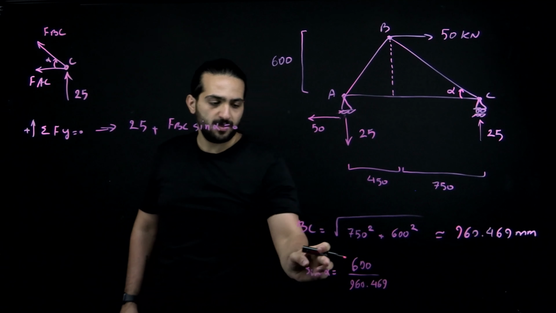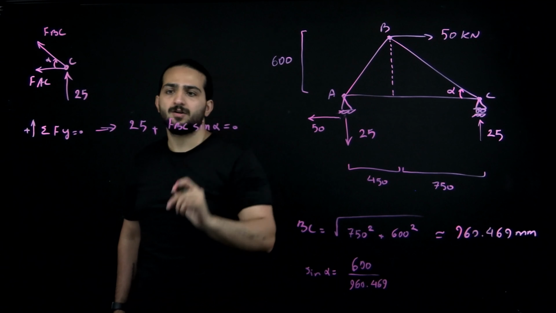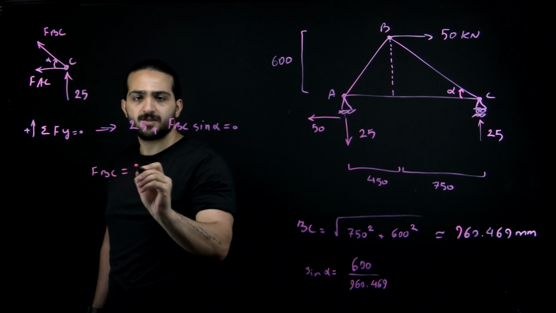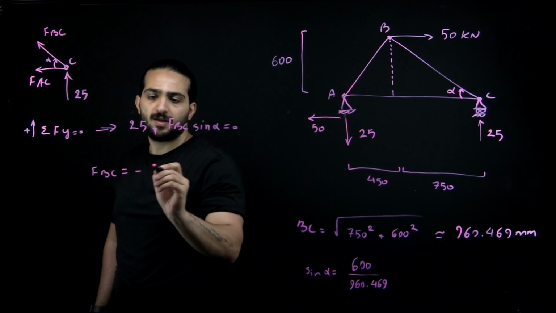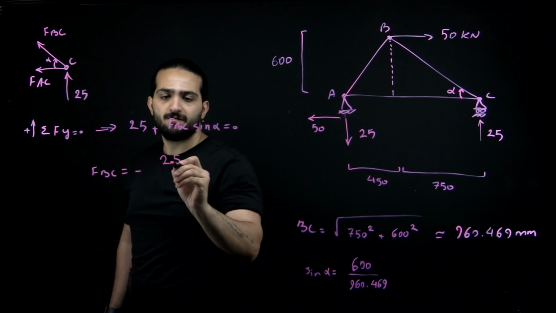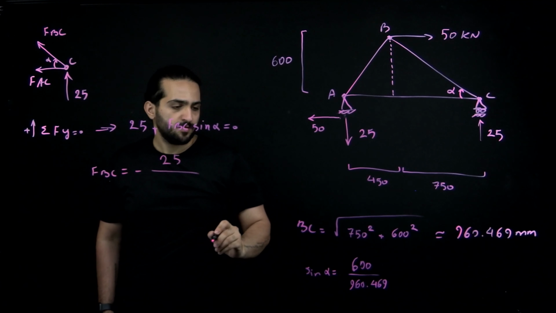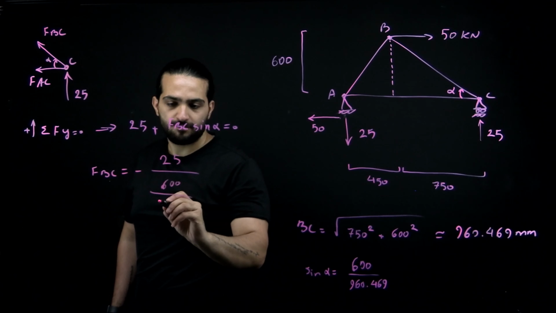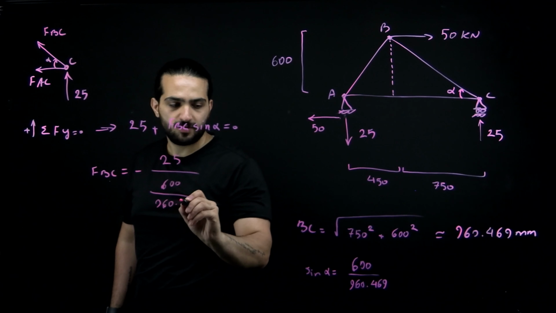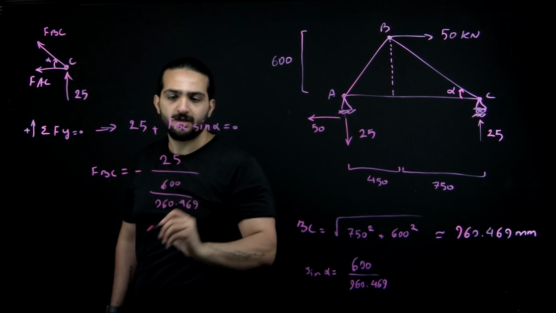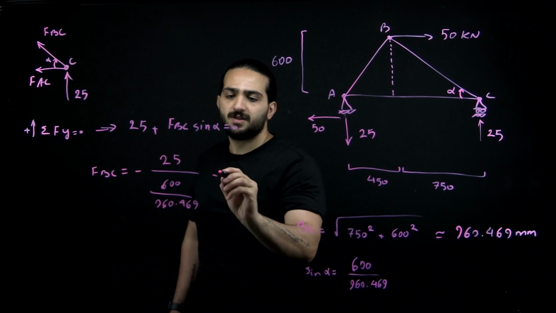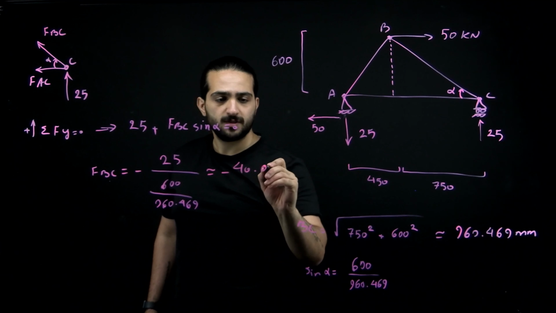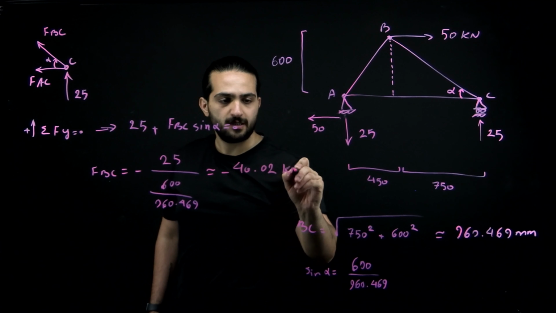So if we put this value here, FBC is equal to negative 25 divided by 600 over 960.469. So FBC would approximately be equal to minus 40.02 kN.